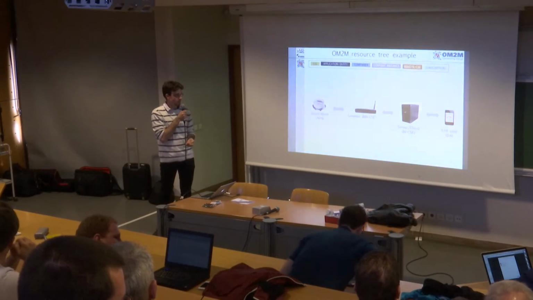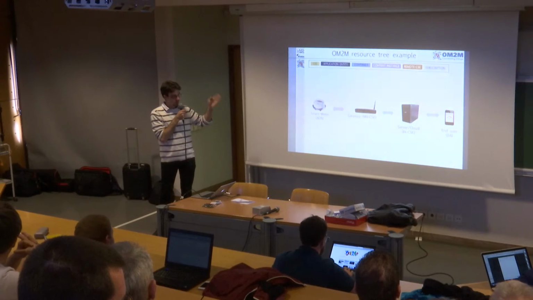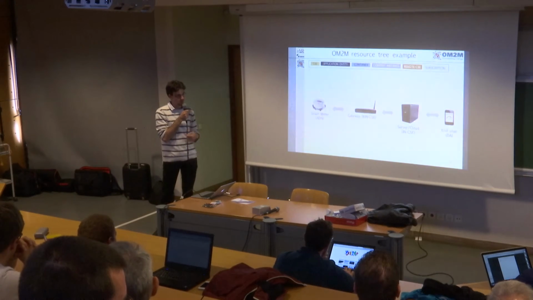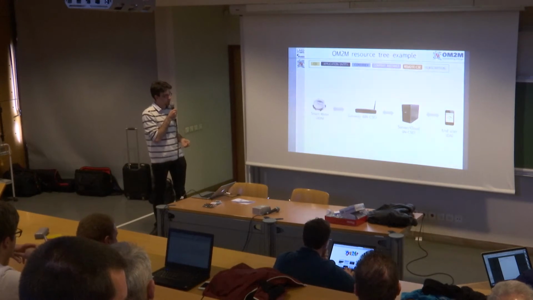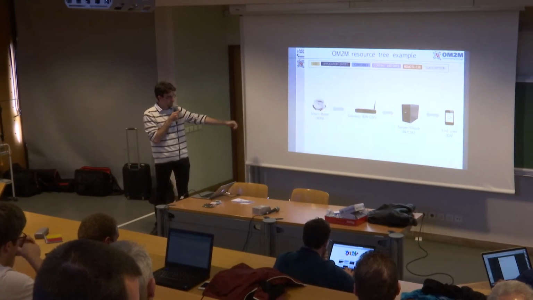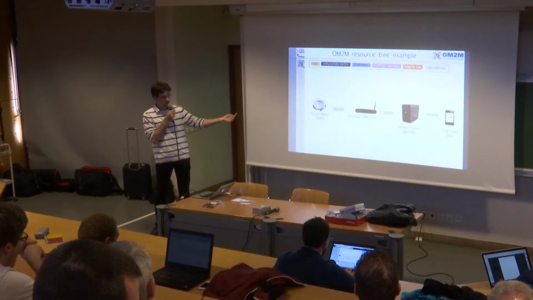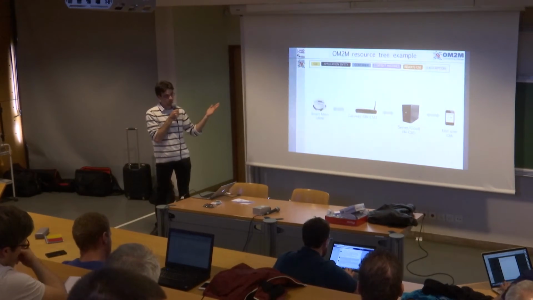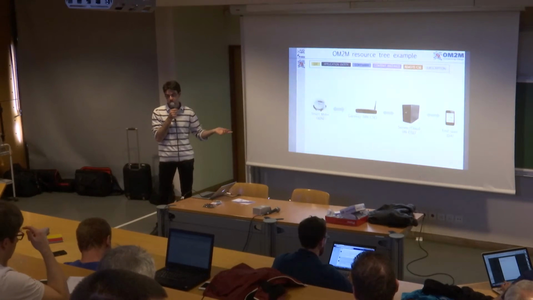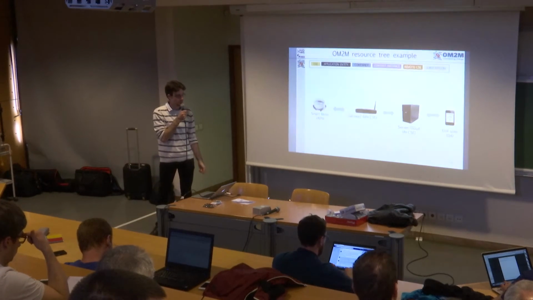And you have some gateways in the environment that are deployed and that will interact with the server. And you have in the end a smart meter that will be connected to a gateway, and you will be able to retrieve the power consumption of your smart meter, for instance.